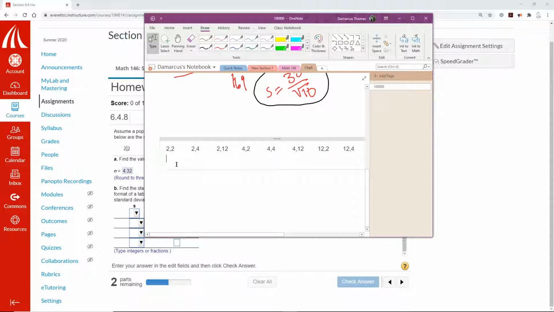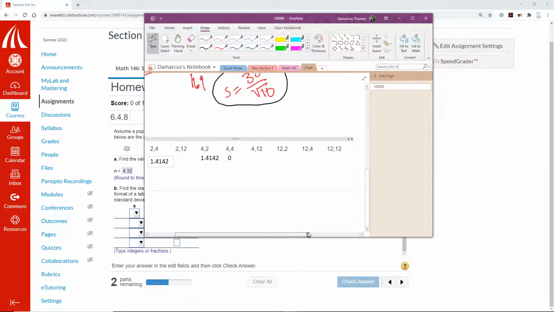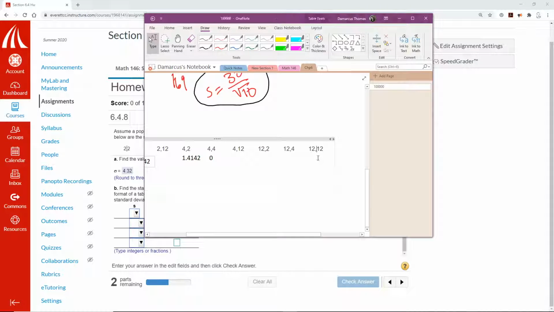So for deviation here, I'll put 0 here, 1.41, then 4, 2. 2, 12 I didn't do yet. 4, 2 is the same as 2, 4. 4, 4 will be 0. What else? And this one will be 0.